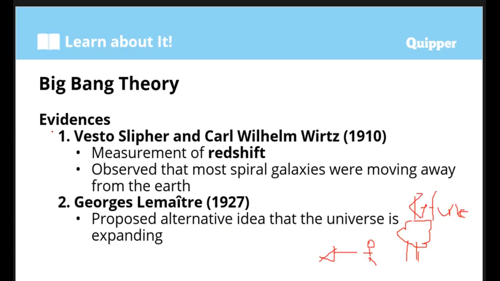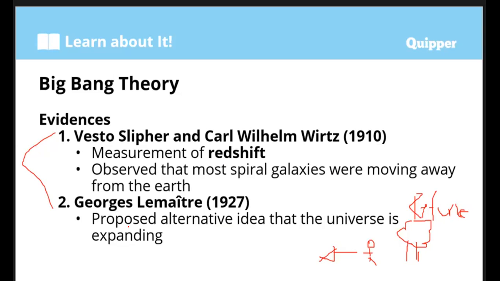This is the same idea with these astronomers. According to Slipher and Wirtz, the spiral galaxies were moving away from the Earth because their reference point is the Earth. And it was Lemaitre who said that maybe the galaxies were moving away from Earth because the universe is expanding.